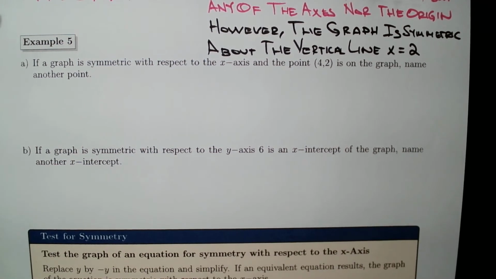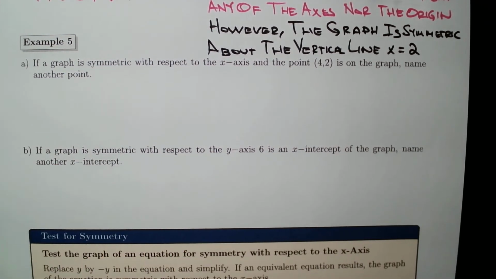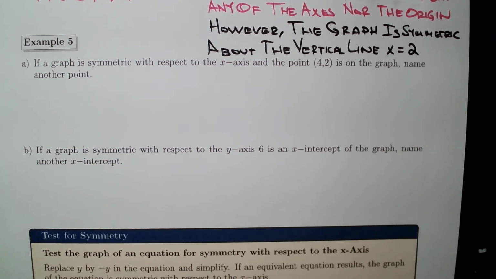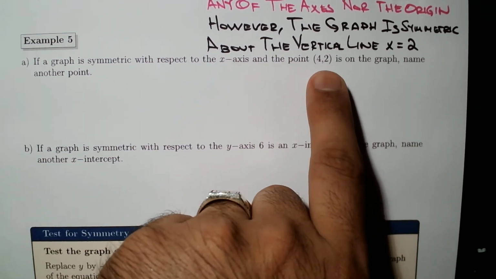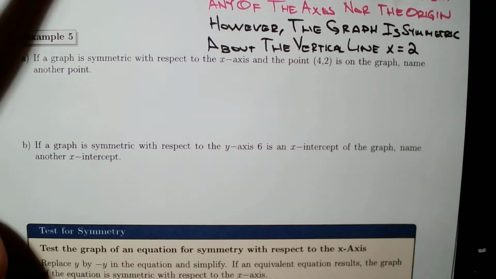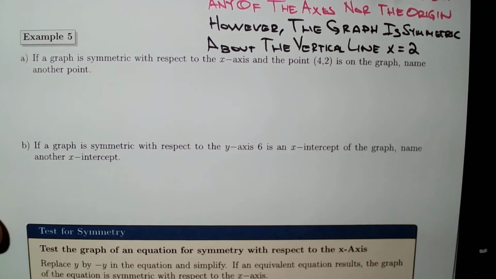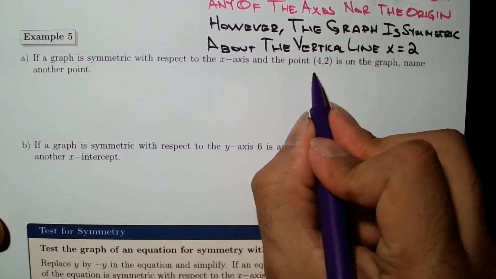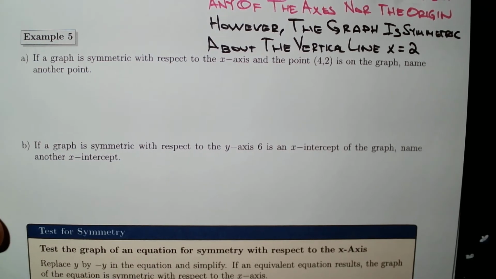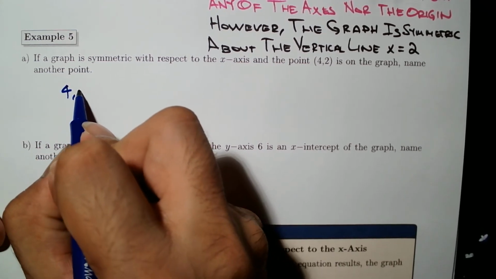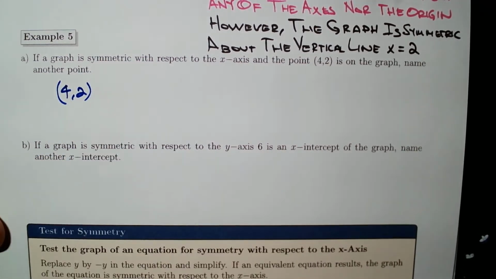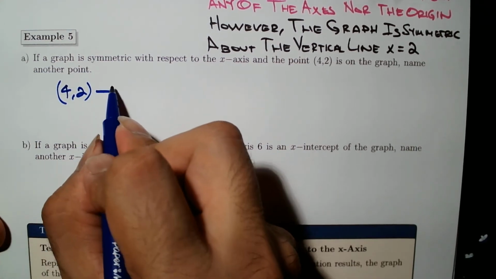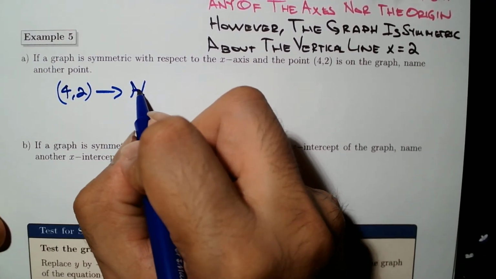You're given this sentence: if a graph is symmetric with respect to the x-axis and the point (4, 2) is on the graph, name another point. The starting point is the given point (4, 2). So what is another point?